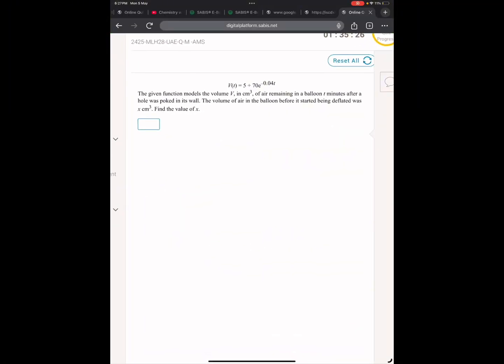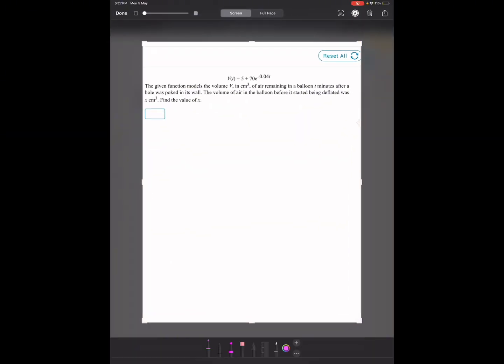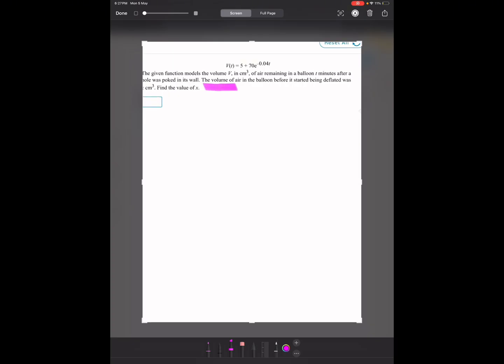They said the given function models V, the volume in centimeters cubed of air remaining in the balloon after the hole was put in the wall. Here the key sentence at least is the volume of the air in the balloon before it started being deflated. So it was before deflation, meaning t was 0, right?